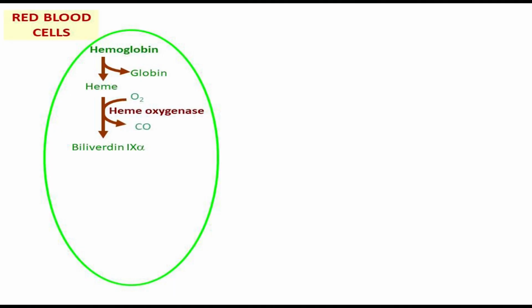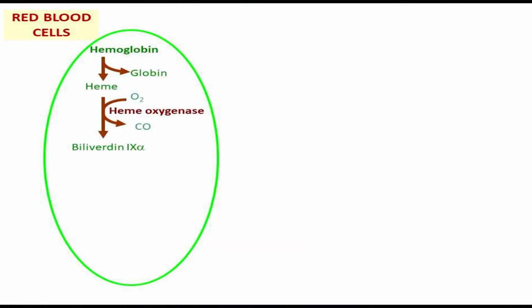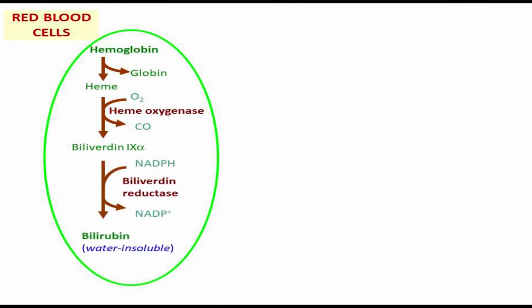It is responsible for various activities. So, during this process, the heme undergoes ring cleavage, converts to biliverdin, and this biliverdin converts to bilirubin, which is yellow in color, and biliverdin reductase is responsible for this transformation.